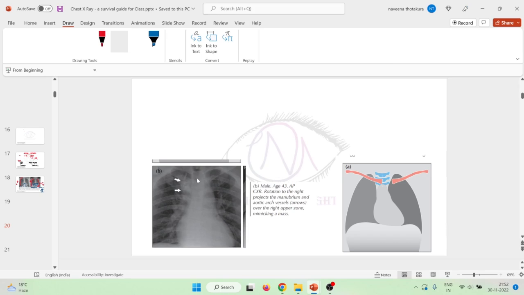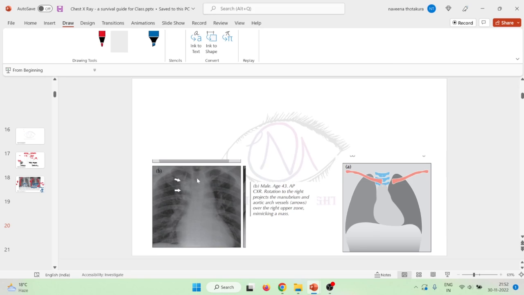Okay, but there is one exception. Normally, if the patient is in bedside radiograph, if the patient is sleeping like this, and this is the machine, the light falls, it should fall perpendicular to the patient.